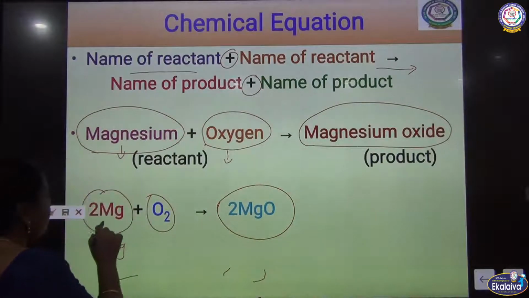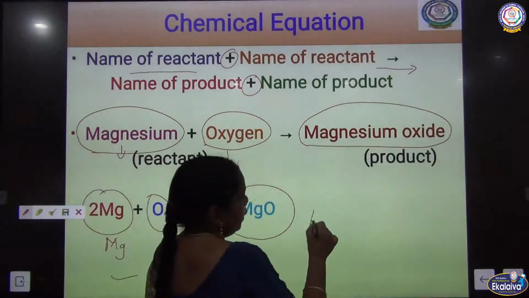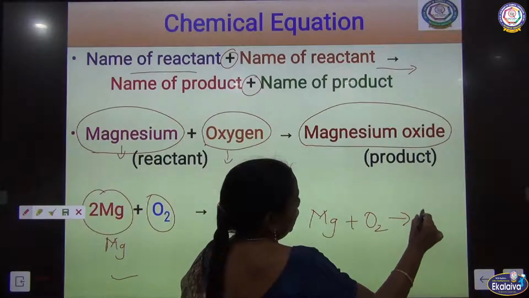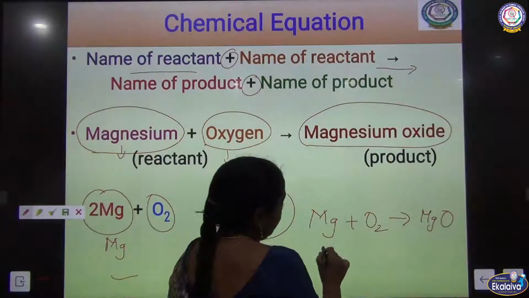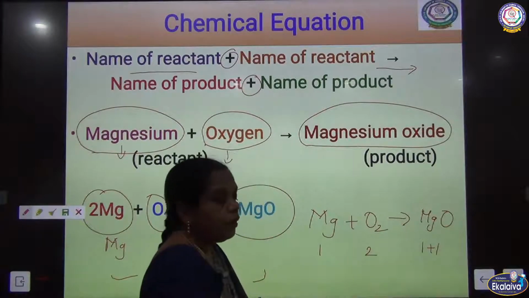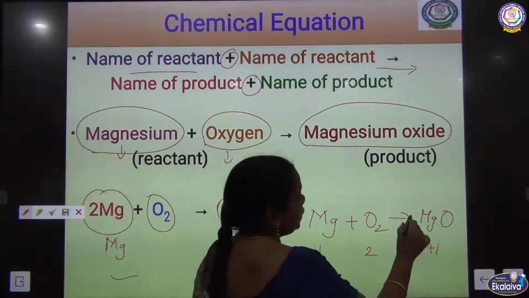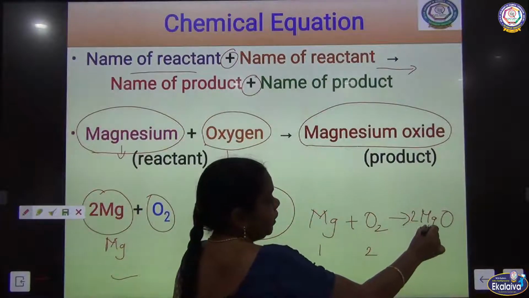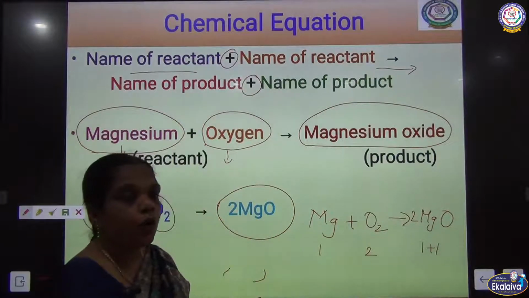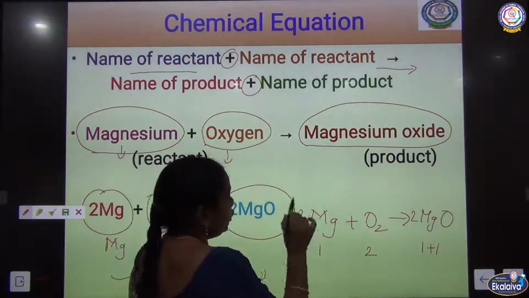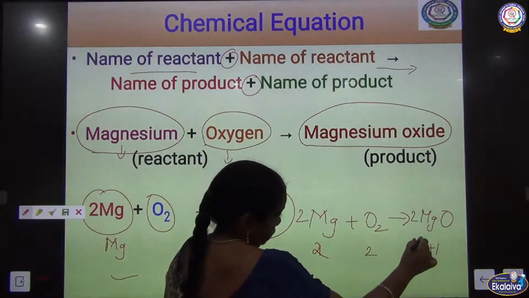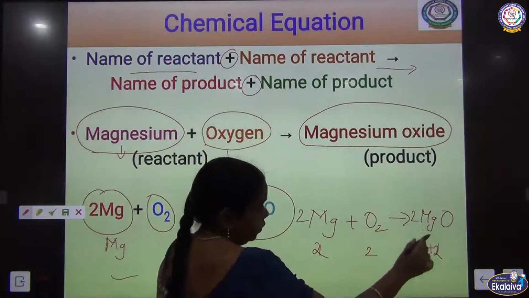Here there is only one magnesium and two oxygen. But on the product side, 2 oxygen, so you want to balance by putting 2. If you balance, the magnesium becomes 2 and oxygen becomes 2. Already oxygen is 2, so you change only the magnesium by putting 2. Now 2 magnesium and 2 oxygen here, and 2 magnesium and 2 oxygen there.